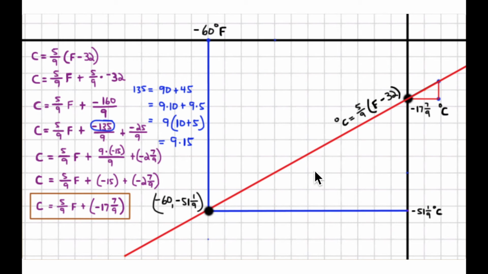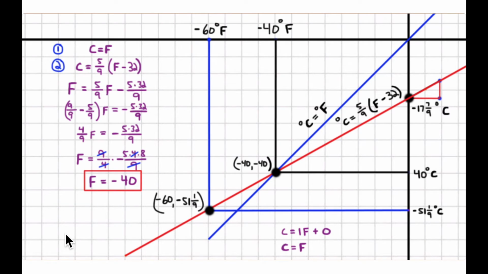Now add to this graph the graph of Celsius equals Fahrenheit. So that's one equation. The second equation is the same equation here: Celsius equal to 5/9 times Fahrenheit minus 32 degrees. So add this graph, and where do they intersect?